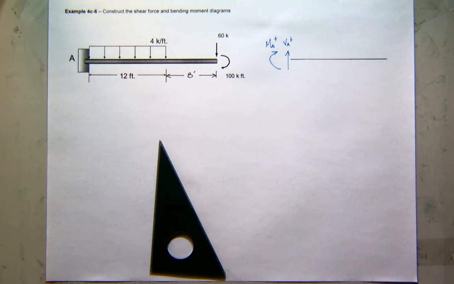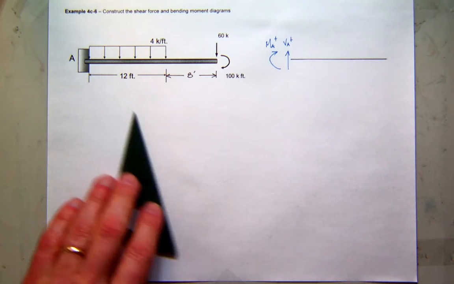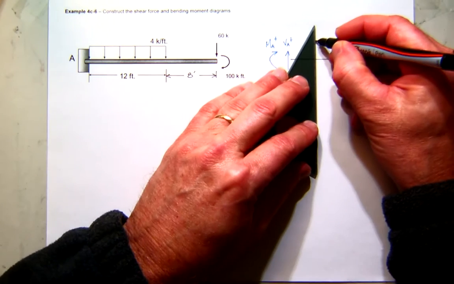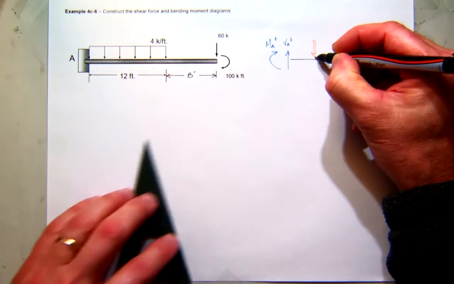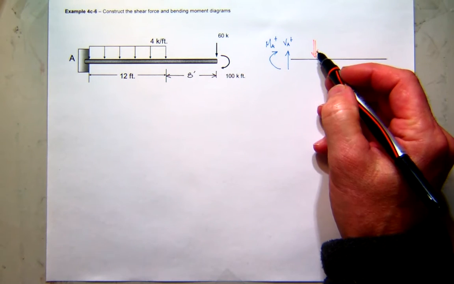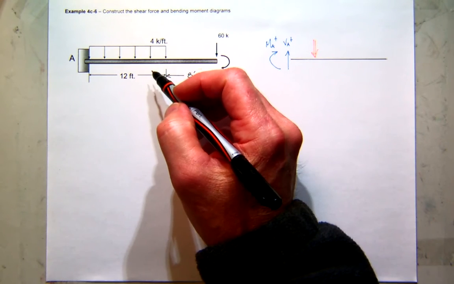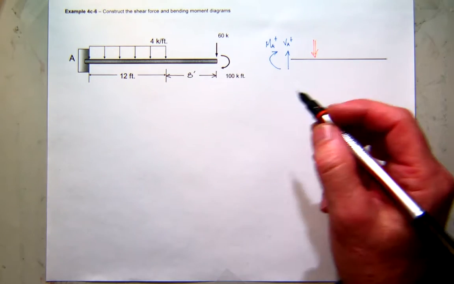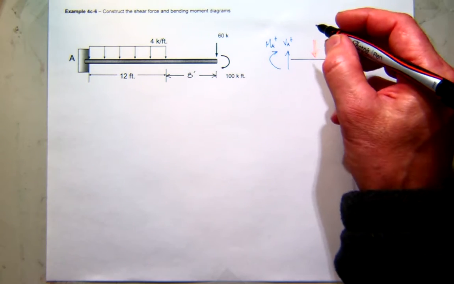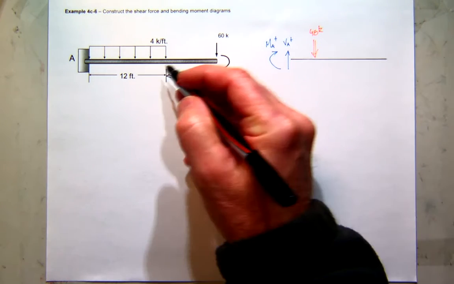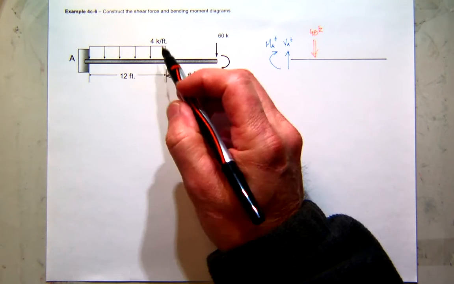I'm going to convert the distributed load to a concentrated equivalent load to make my work a little easier. The value of that concentrated load is going to be the area under the curve, which is a rectangle, so base times height: 12 feet times 4 kips per foot, so that's 48 kips. It's going to act through the centroid of the area. Where's the centroid of a rectangle?